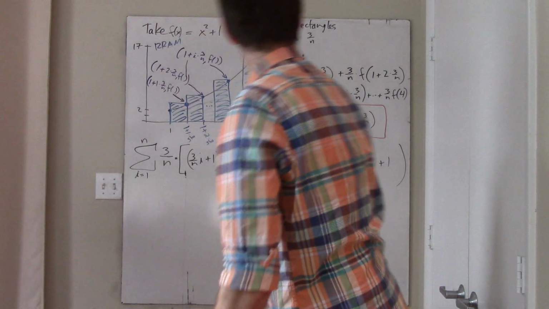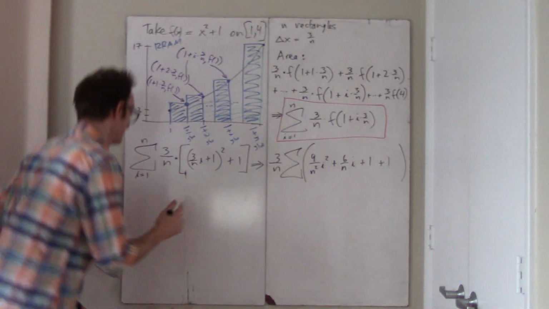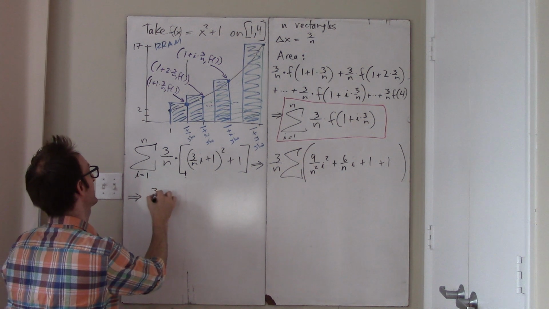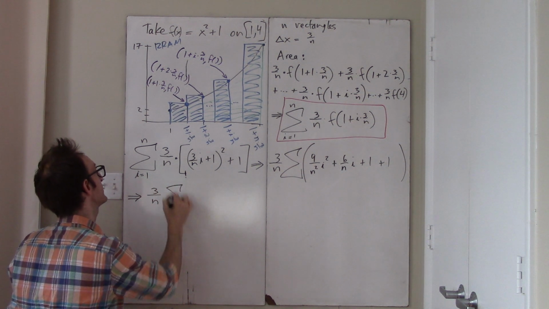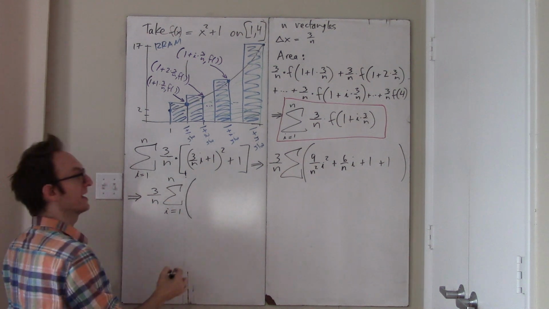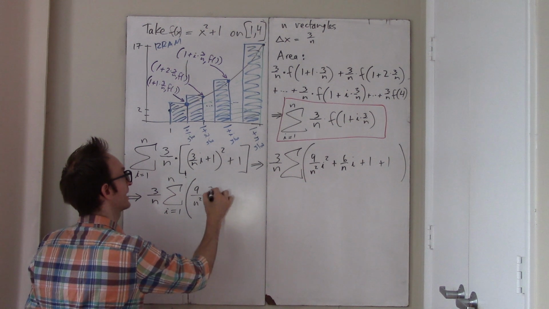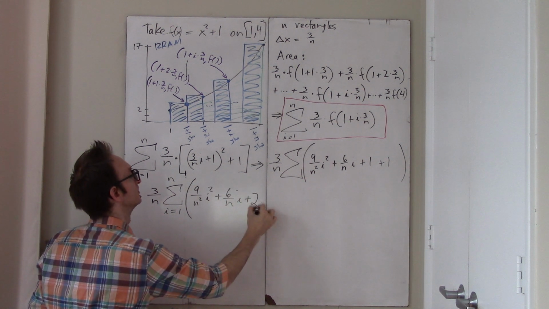In other words, I have a quadratic in i. I proceed by combining like terms, and I get 3 over n times the sum from i equals 1 to n of 9 over n squared, i squared, plus 6 over n i plus 2.